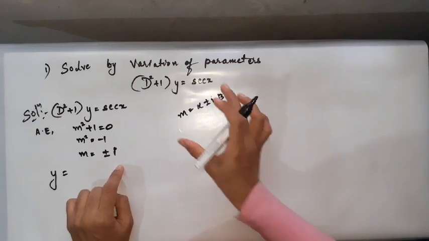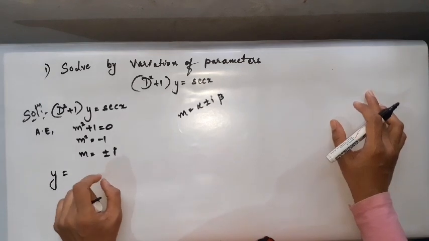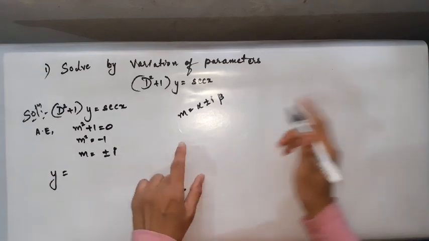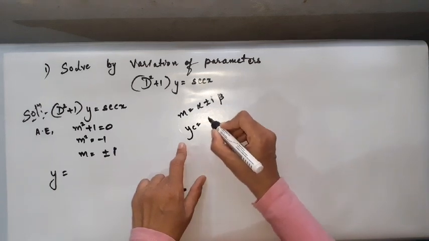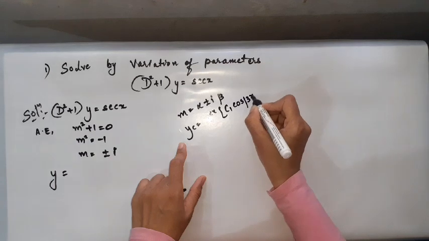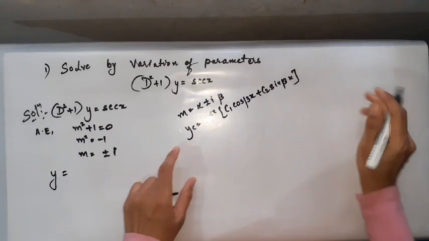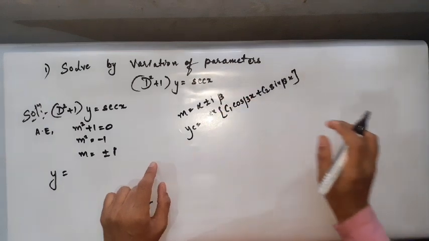I have explained it a number of times. So how will you write the solution for yc? You write it as yc is equal to e to the power alpha x, c1 cos beta x plus c2 sin beta x. This is the way you write yc whenever the roots are imaginary.